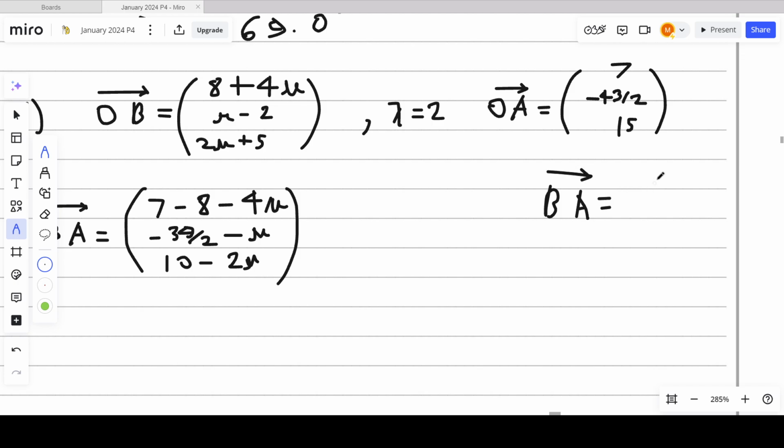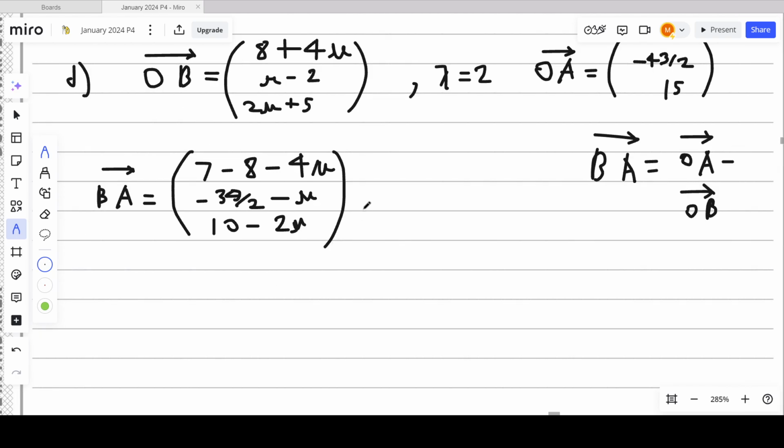So from the coordinates of OA, I subtracted the coordinates of B, okay, and hence I got 7 minus 8, so it would be negative 1, negative 4 mu, and then negative 39/2 minus mu, and then 10 minus twice of mu.